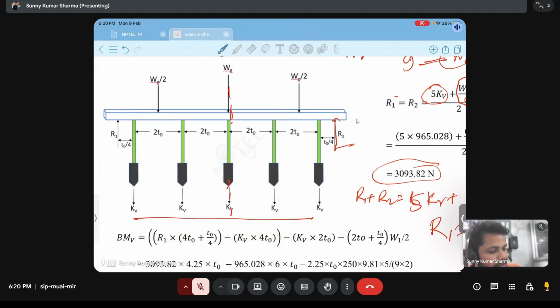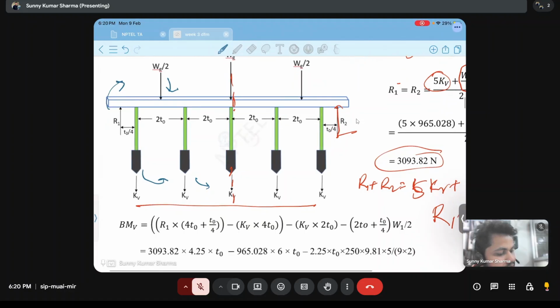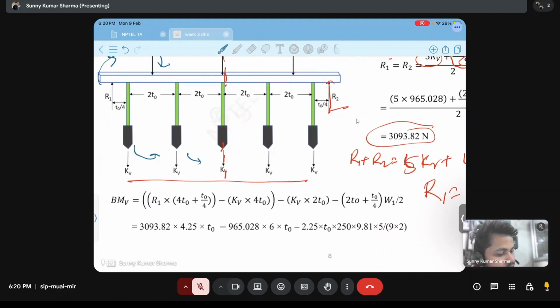This kV is also trying to bend it in anti-clockwise direction. WG is also in the same direction. Only R1 is trying to bend it in clockwise direction.